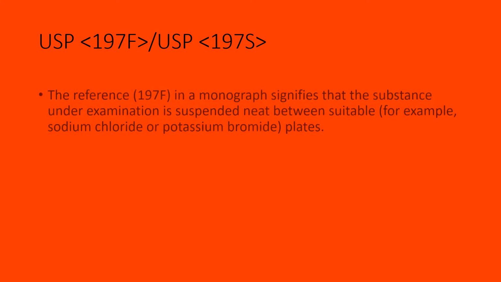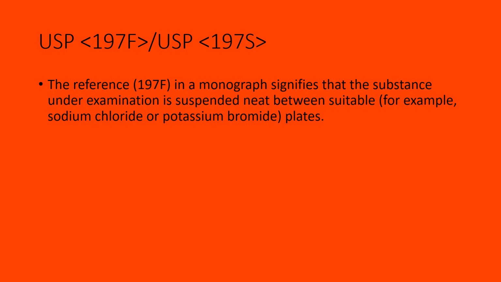Let us see the prescriptions for 197F and 197S. The reference 197F in a monograph signifies that the substance under examination is suspended neat between suitable plates, for example sodium chloride or potassium bromide plates.